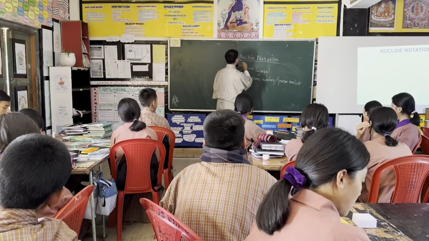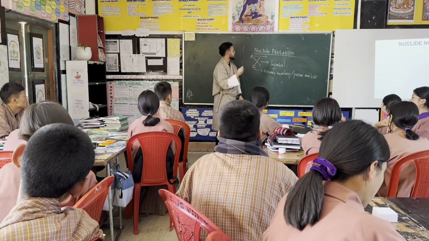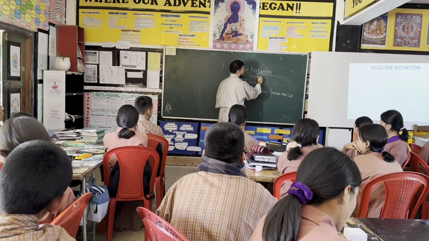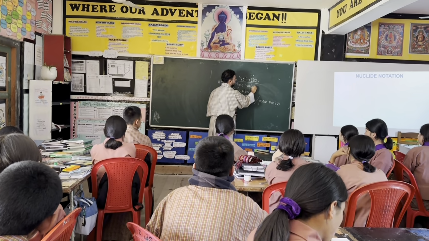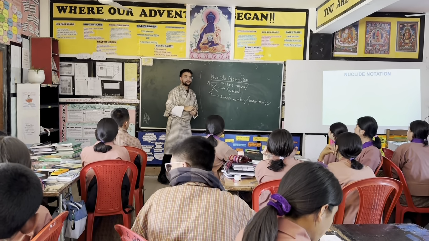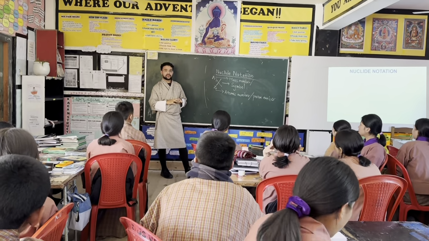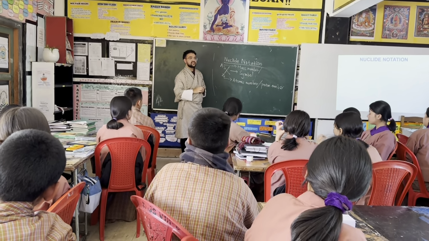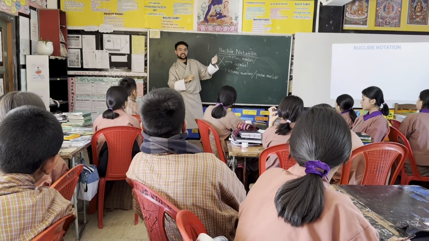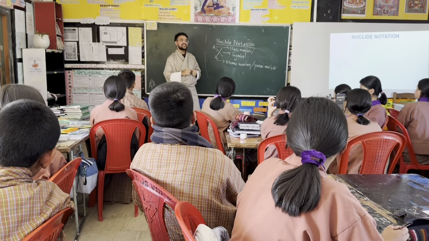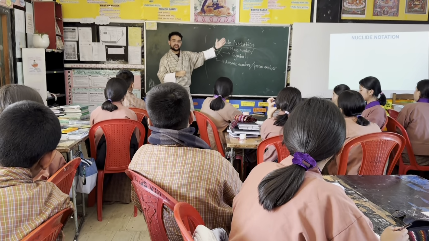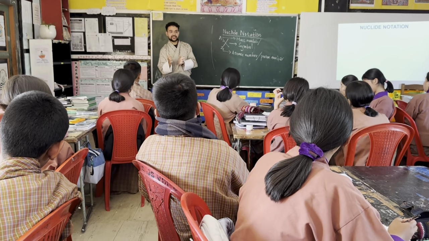And A is called the mass number. So mass number also has a different name. Can you guess? Might be a new word for you. In the objective I showed you actually. When I said today we are going to learn many things, right?